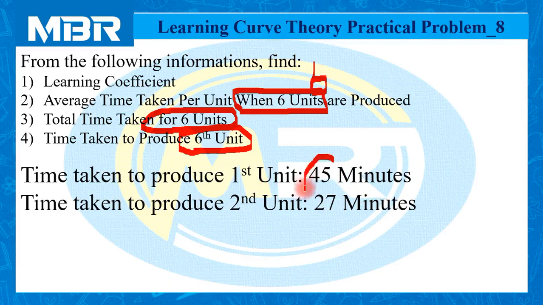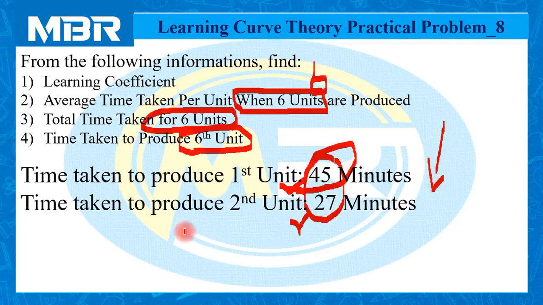Here we can easily say that a learning curve is working in the case of the production of this product, because for the manufacturing of the first unit we have taken 45 minutes, while for the manufacturing of the second unit we have taken only 27 minutes. It means the effective time of manufacturing decreased in case of the second unit, and when the time decreases, it means learning curve is applicable to the production.